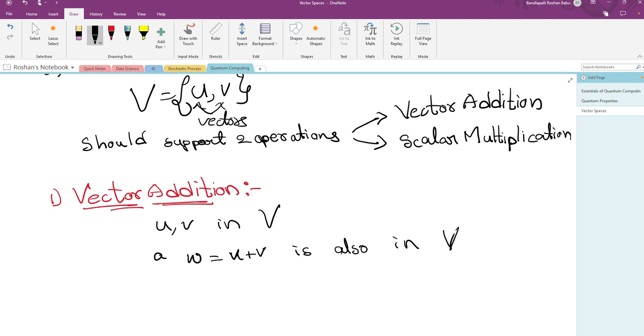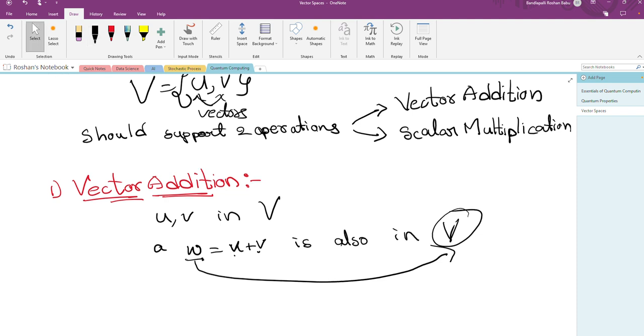Suppose the addition of u plus v results in vector w, and w should also be present in our vector space V. Then it is a vector addition.